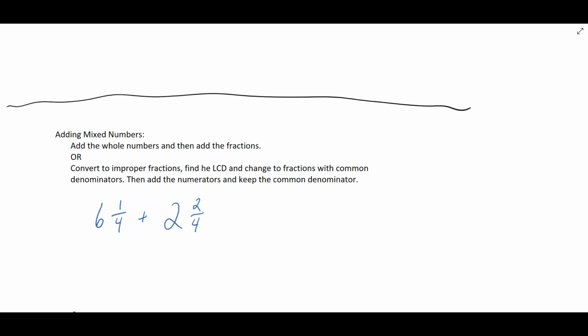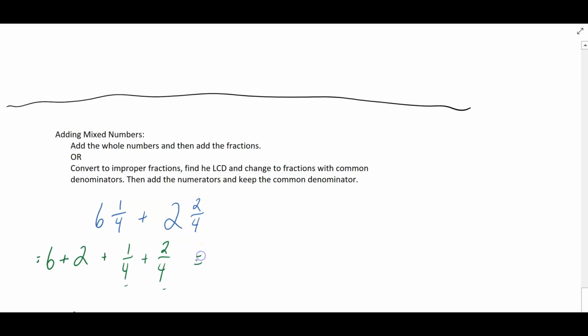Add the whole numbers, then add the fractions. We have 6 plus 2 plus 1/4 plus 2/4. I've already got common denominators, so I don't need to worry about that too much.